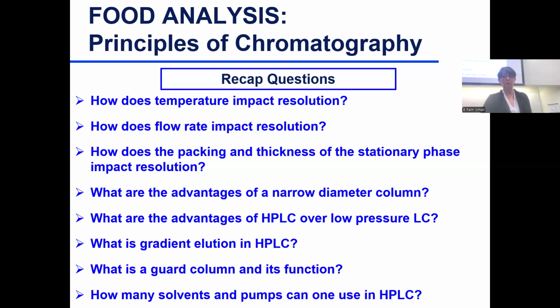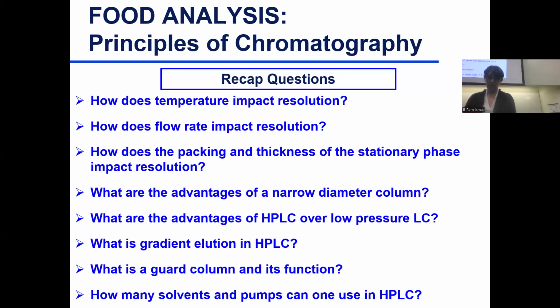It's not always increasing the organic solvent. In reverse phase, you increase the organic solvent. And sometimes in normal phase, you increase the water concentration. So it really depends on the mode of your chromatography, in which direction you change the composition of your mobile phase during the analysis.